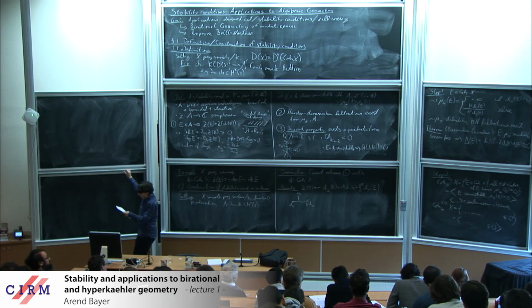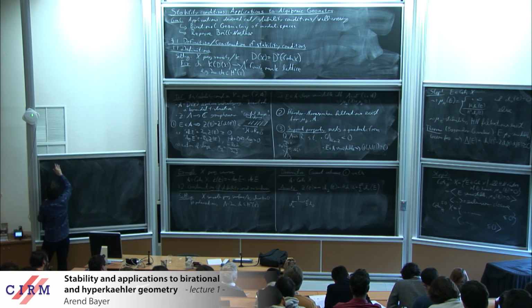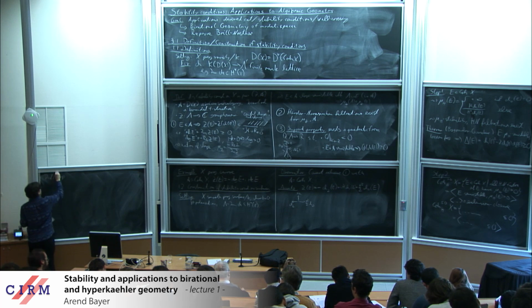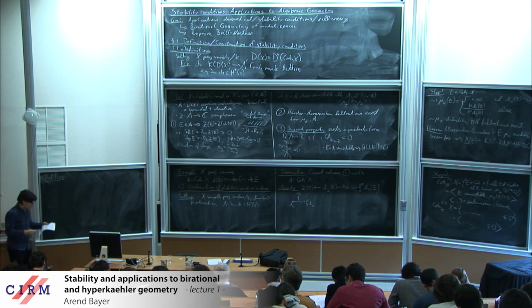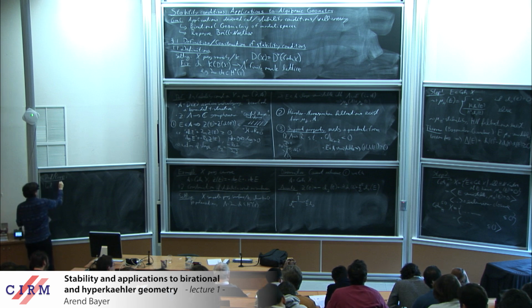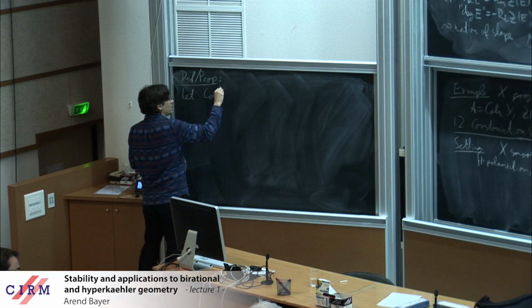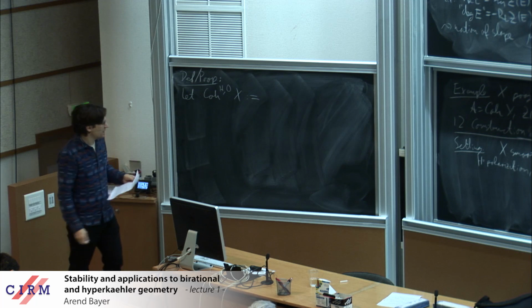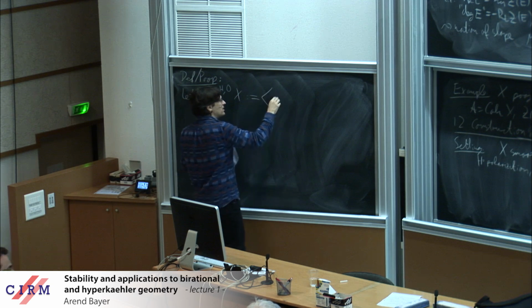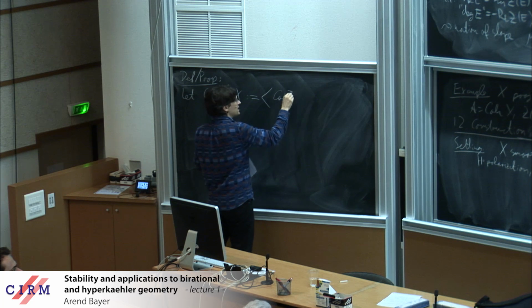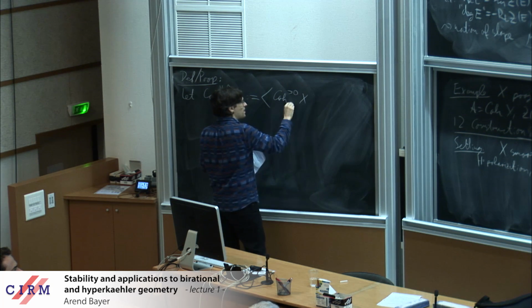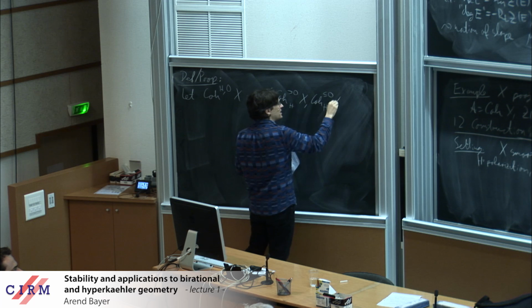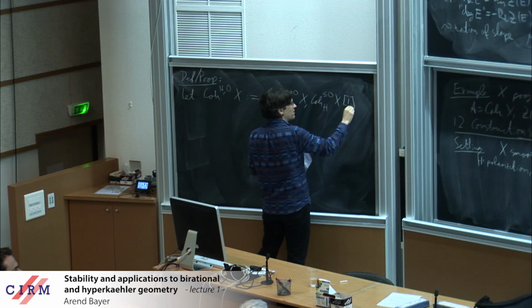And now the crucial construction is the following. Let Coh comma 0 of X, I'll define this as the extension closure of semi-stable coherent sheaves with positive slope, and Coh less than or equal to 0 of X shifted by 1 in the derived category.